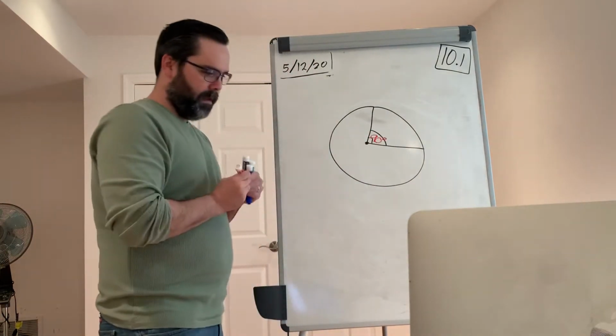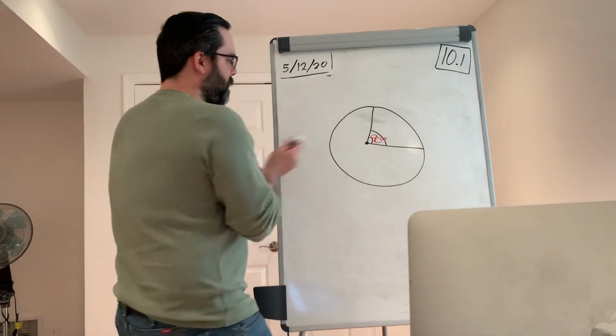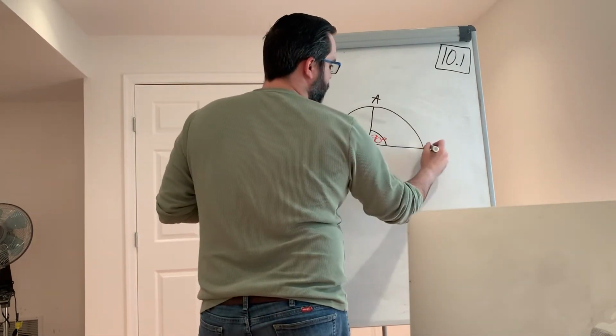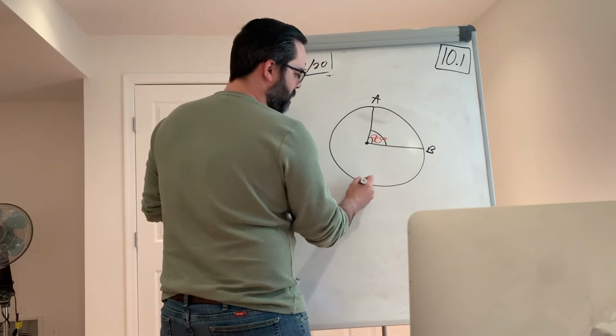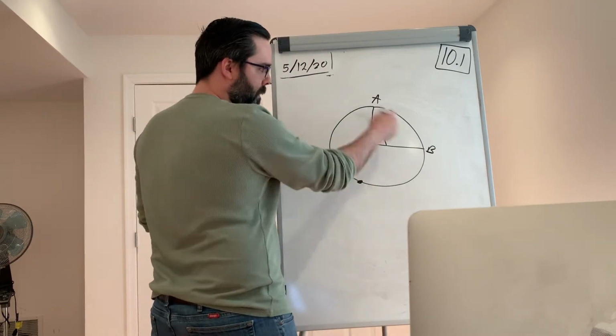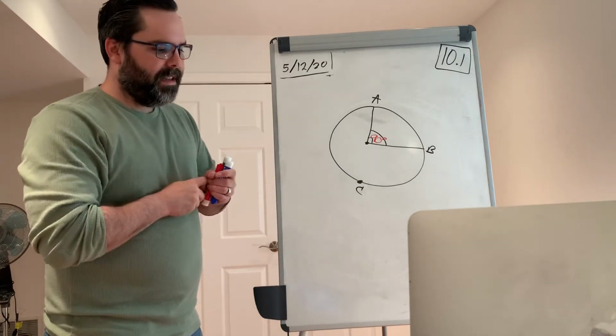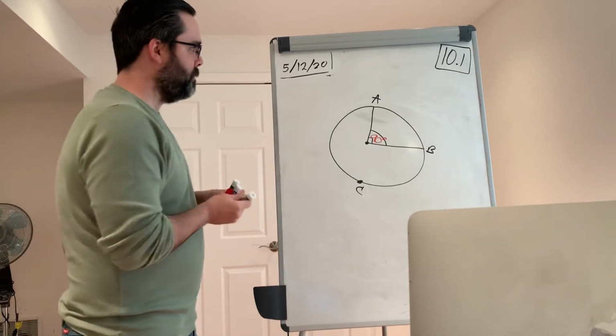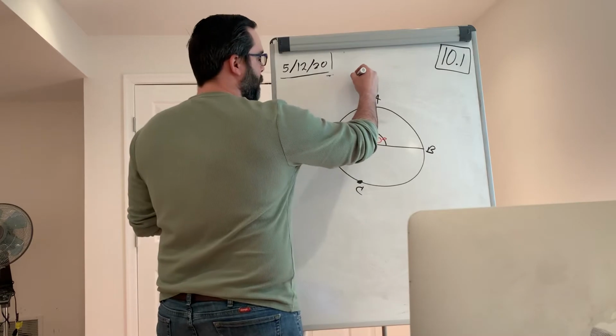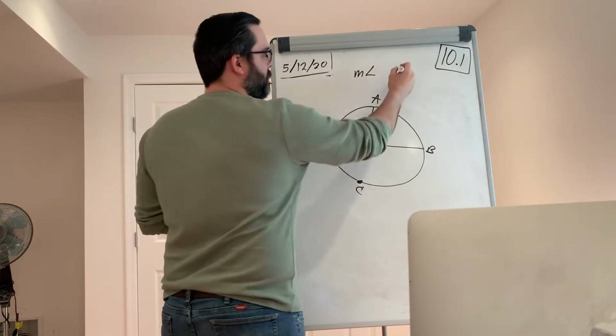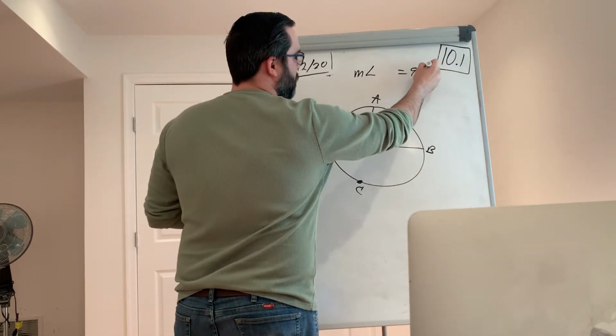Okay. If I labeled this A, B, and some random point on this circle other than A and B, we'll call that C. Okay? What is the name of this angle? We would say the measure of angle what equals 90 degrees.